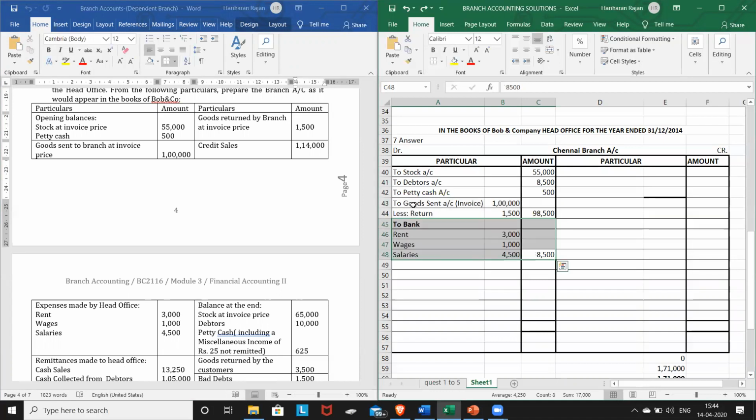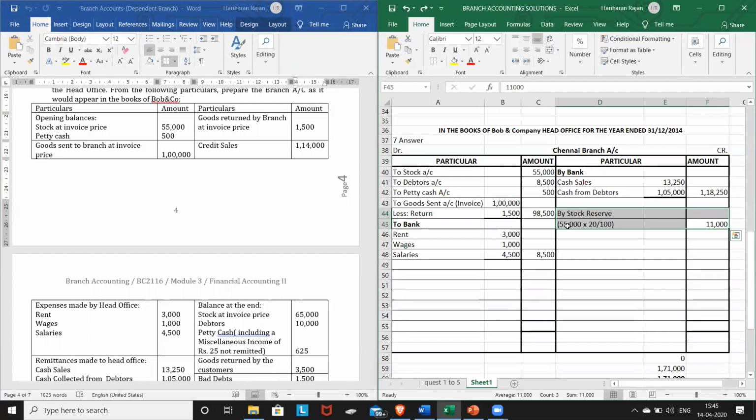Then we have received money, that is, head office sent money for rent, wages and salary, 8,500. Cash is being given: cash sales 13,250 and cash from debtors 1,05,000, together 1,18,250. Now it is very important that we do the adjustments.